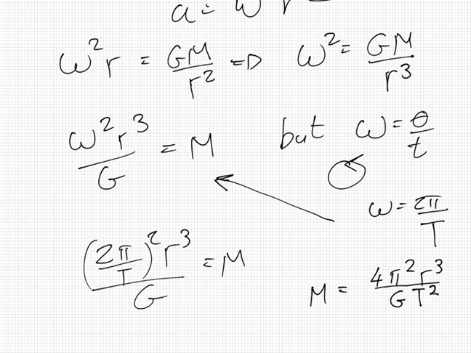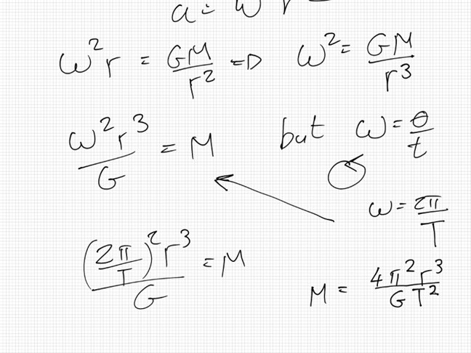This is the point I'm making. I can know the mass of the Earth if I know two things. The first thing is big T. Do I know big T? Yeah, it's about 28 days. And could I know the distance between the Earth and the Moon? Yeah, that's not too difficult to work out using telescopes.